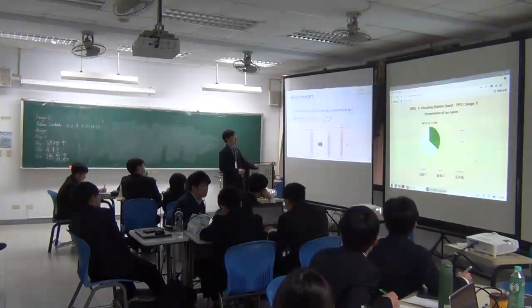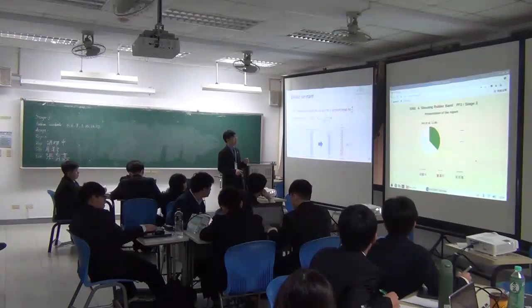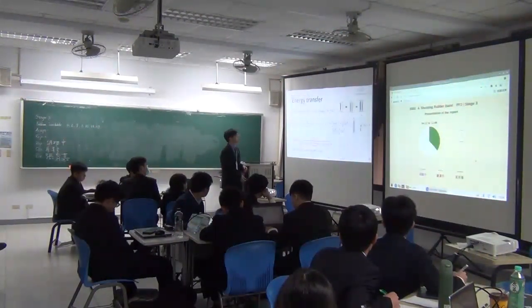We use L0 plus x to describe the left side of the spring, and we use 2 times L0 minus x to describe the right side of the spring.